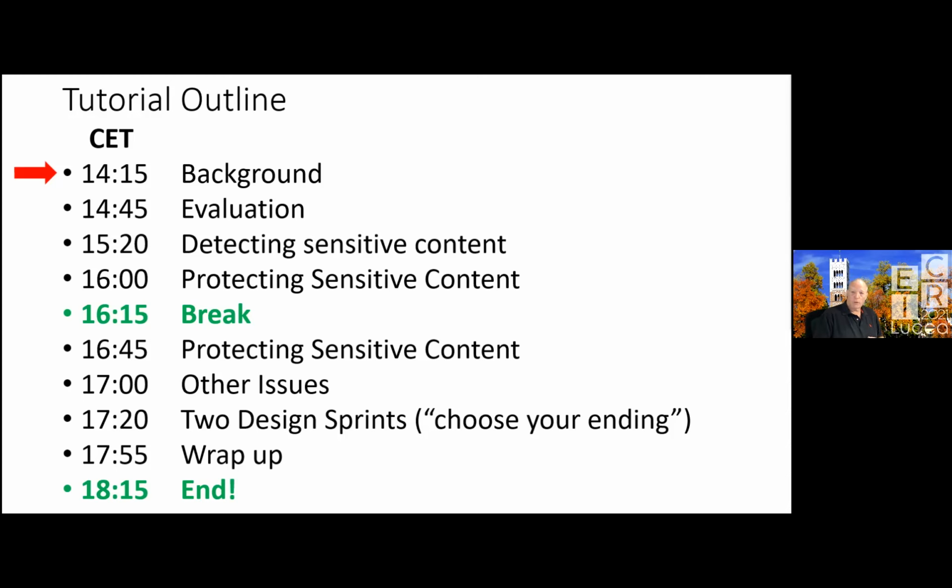But because we do machine learning to an objective function, we have to have the objective functions defined. So it's convenient to think about how we would evaluate the task quite early in the discussion. We'll then talk about detecting sensitive content and then protecting sensitive content, sort of the order you would expect. There will be a break someplace in there, which we'll take at 4:15, even if we're in the middle of talking about protecting sensitive content at the time.